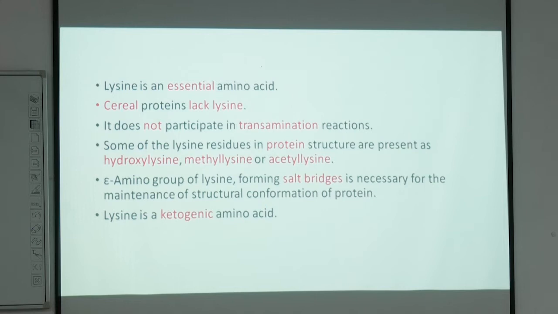When we mix cereals and pulses, what are the two amino acids that are incorporated in our diet? One is lysine. The cereals are deficient in lysine. But what is present in cereals? Methionine.